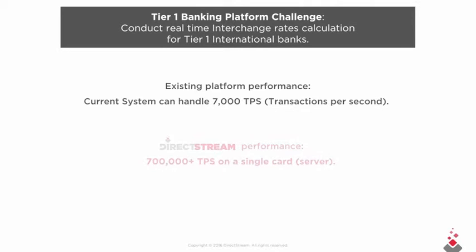And the answer is yes. The second question is what kind of performance gains will we see? And the answer on our first performance test is that we will see north of 700,000 transactions per second. And again, this is running off of a single card or a single server. So on scale, we will be able to move that into north of hundreds or north of thousands times performance increase.